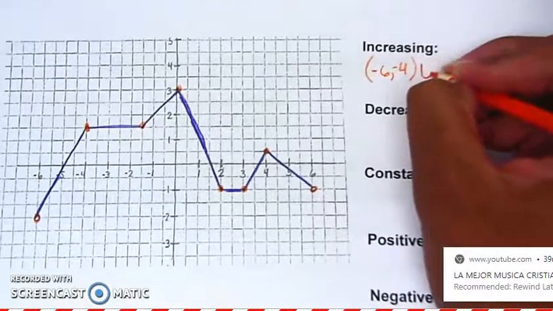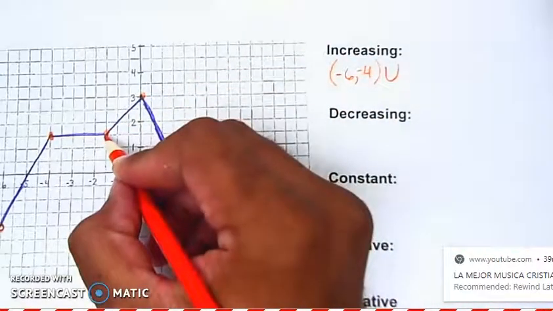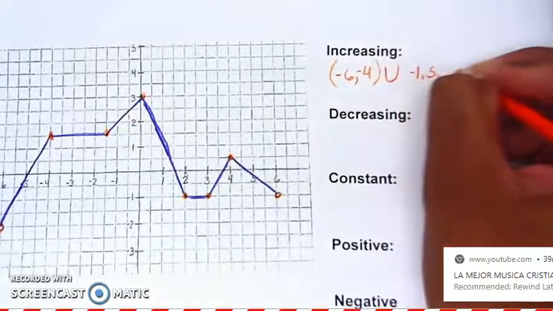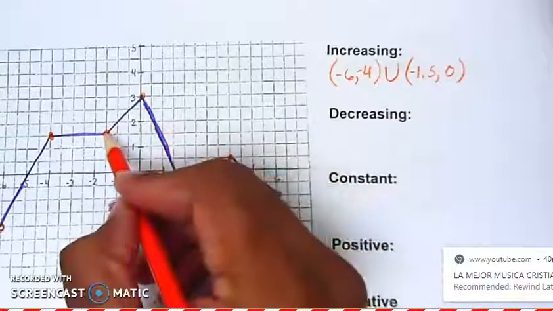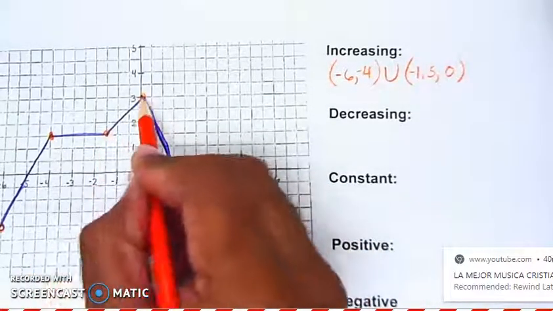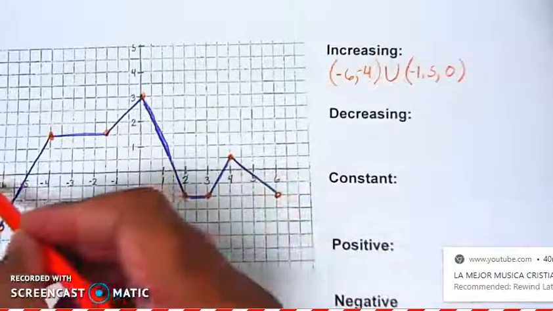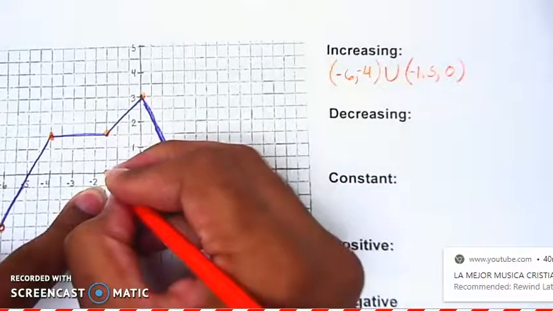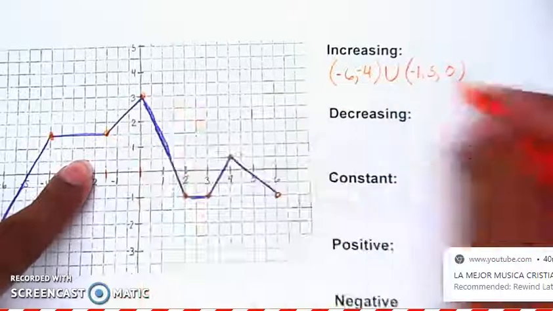We're going to put the union sign because this means this and this. All right, so we're going to go from -1.5 to 0. And again, we're going to put parentheses there because it is not increasing at -1.5 or at 0. And again, we're looking at the x values here. So looking across here, from -1.5 right here to 0 is where it's increasing, going up.